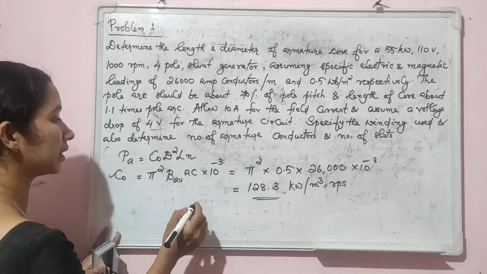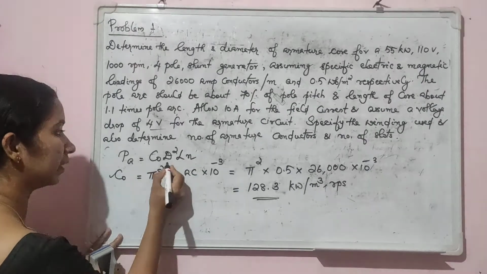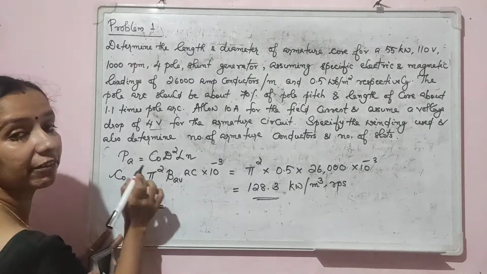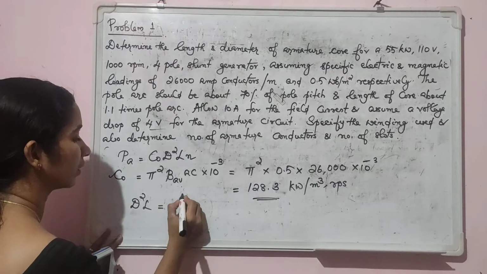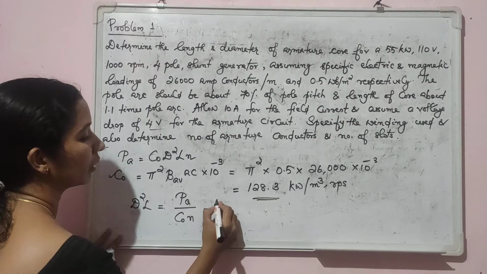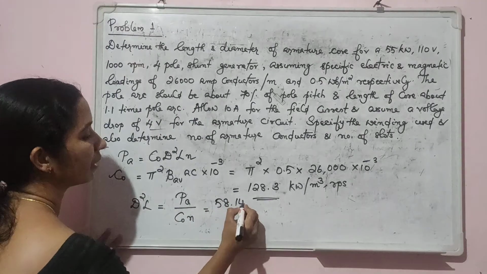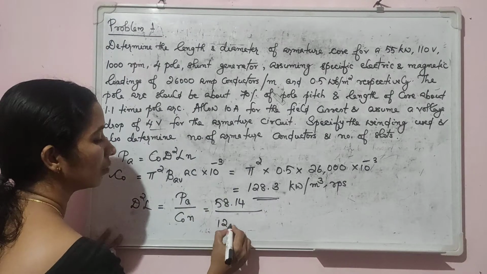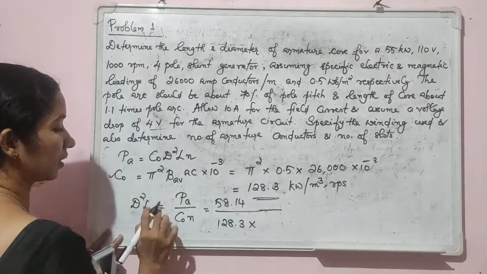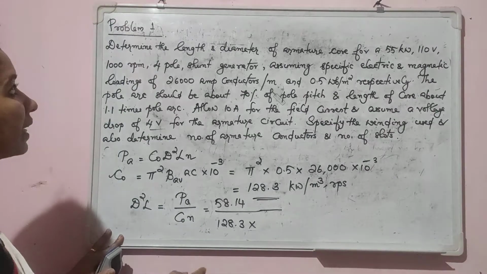Now substitute C0 in the output equation. Then we will get the value of D square L as PA divided by C0 into N, which is equal to 58.14 divided by 128.3 into N. Small letter n is the speed in RPS.